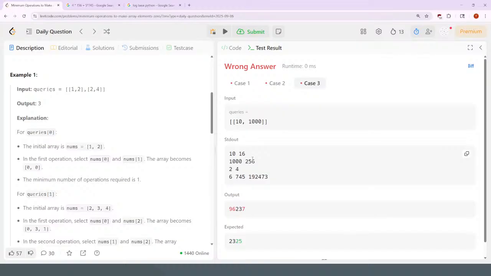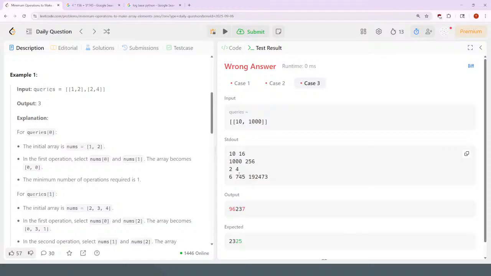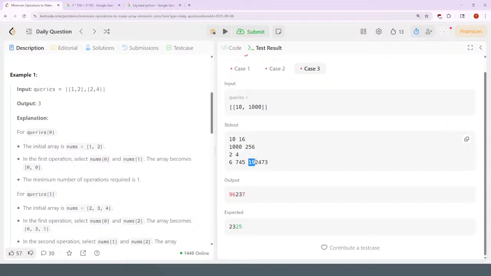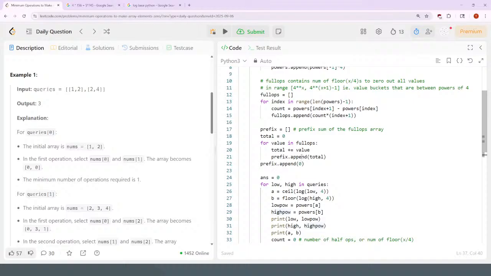Next one was 1256. That's a huge count. Low bucket, high bucket, those seem pretty reasonable. That does not seem reasonable. Prefix b minus 1 minus prefix seems really off.